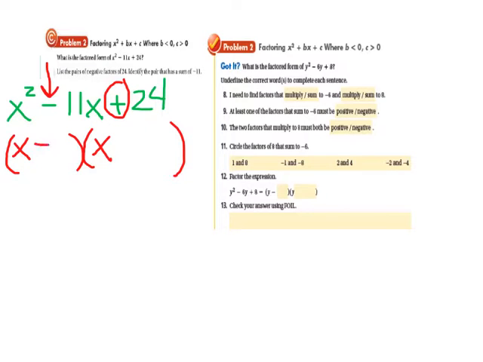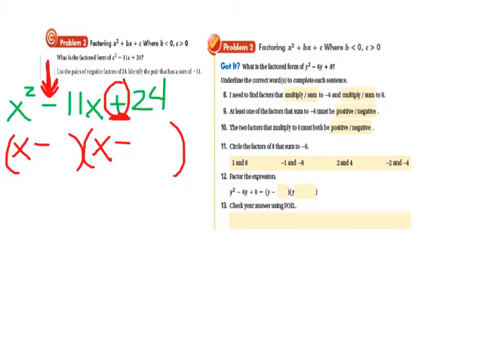So I'm going to have a minus and a minus. So the plus here tells us they will be the same operation, not the same factors, but the same sign of the factors. And this right here tells me that they're both going to be negative. On the last problem, they were both positive.